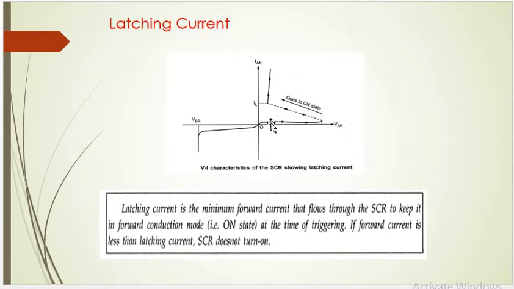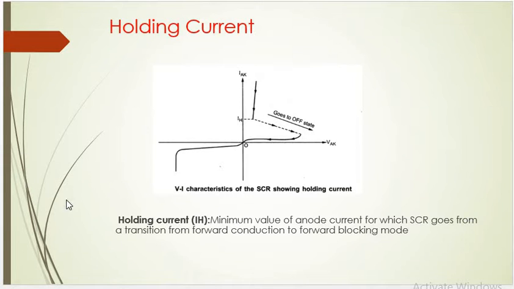So when we increase the gate current value, if you attain your latching current, then it will start to turn on. At the same time, when you have to turn off your SCR, you have to bring your anode current back to the holding current value, then it can be turned off.